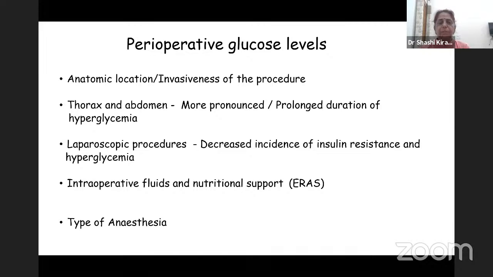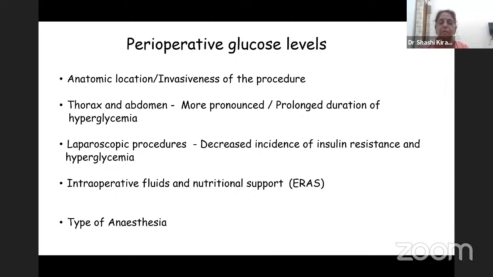Moreover, it is also influenced to a larger extent by intraoperative fluids and nutritional support. Especially, I would like to mention ERAS, because it is being done in many institutes. For the postgraduates, it is enhanced recovery after surgery. If carbohydrate preloading is done, then it can reduce catabolism to a great extent.